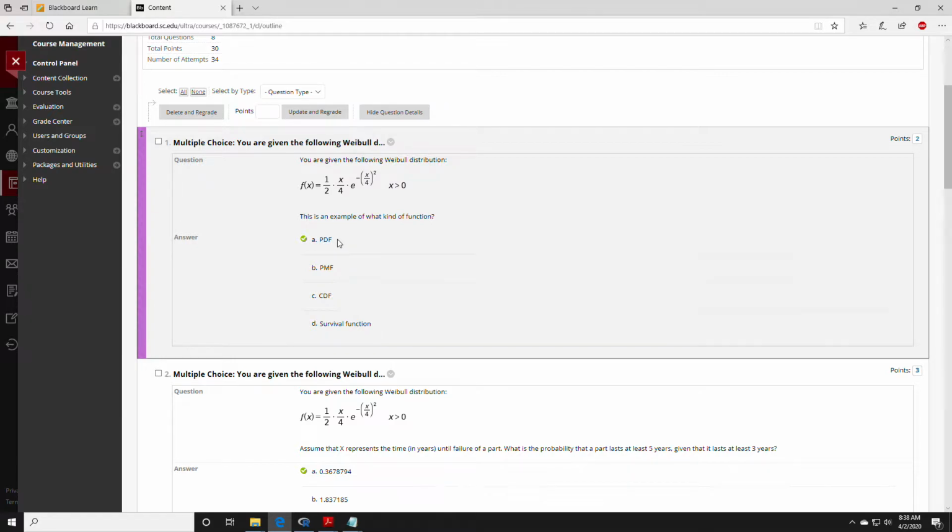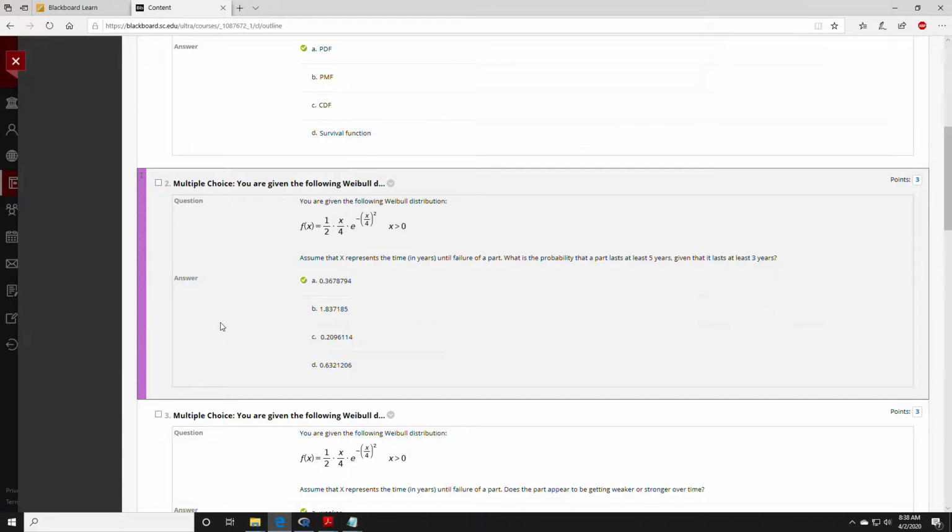Okay, so that's why it's a PDF. Recall CDF, of course, is capital F. It gives us less than or equal to probabilities, and in order to get this, it would be the integral of this from 0 to, say, y. Right? And of course, the survival function gives us greater than probabilities, and it's just 1 minus the CDF.